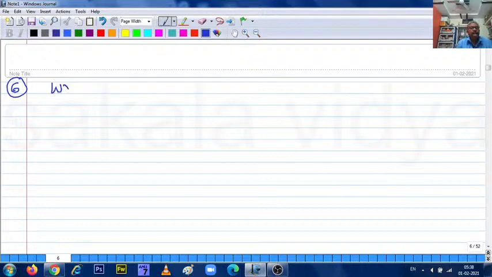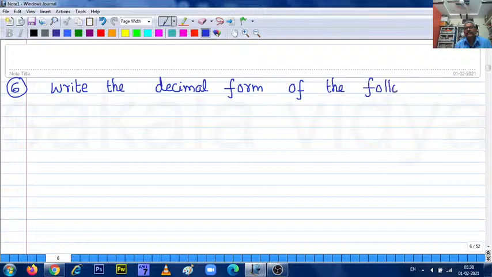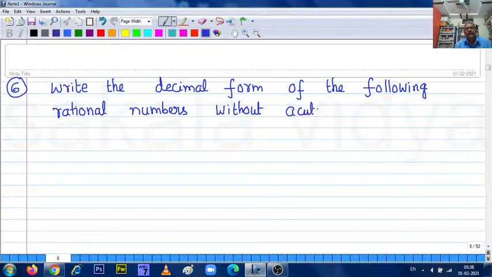Write the decimal form of the following rational numbers without actual division.